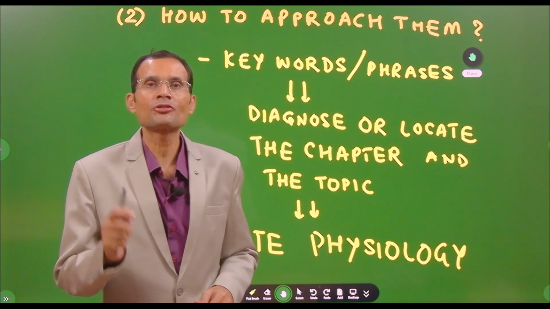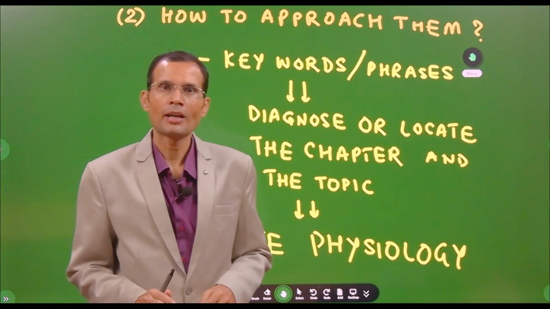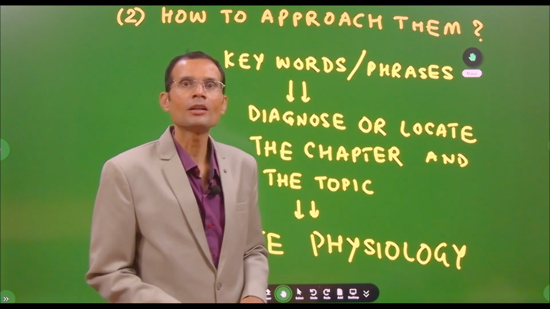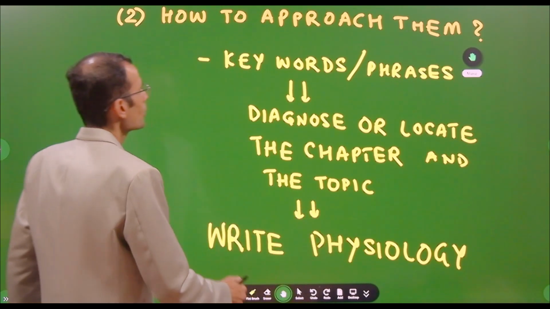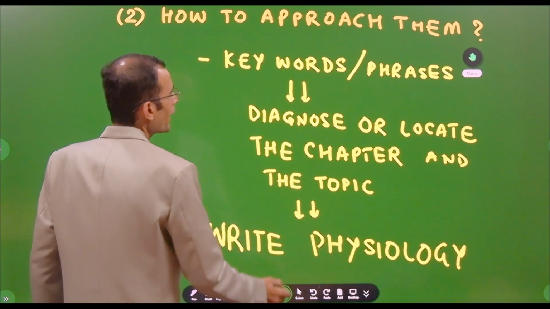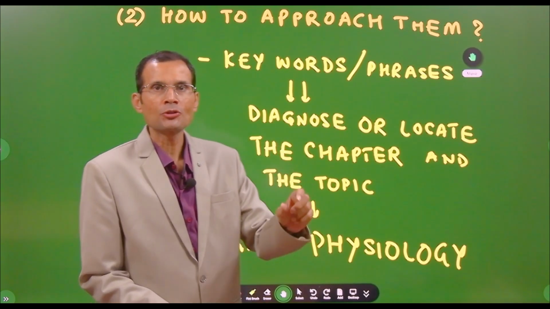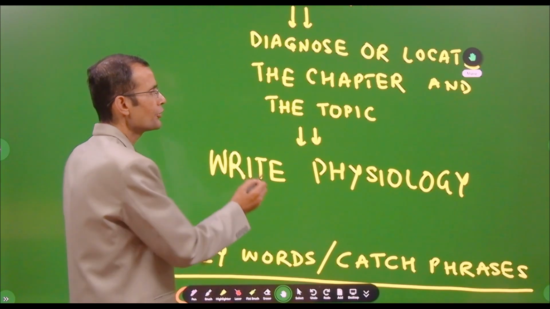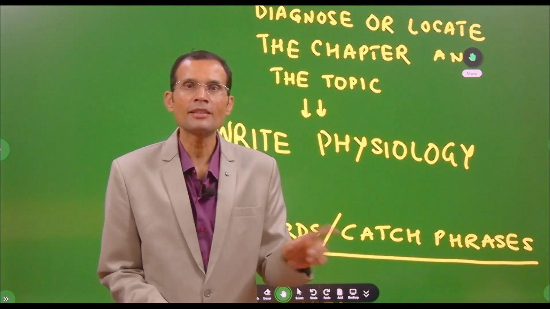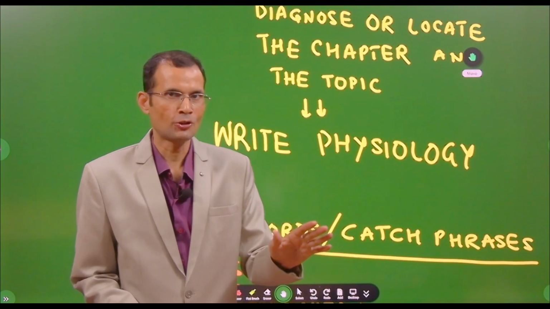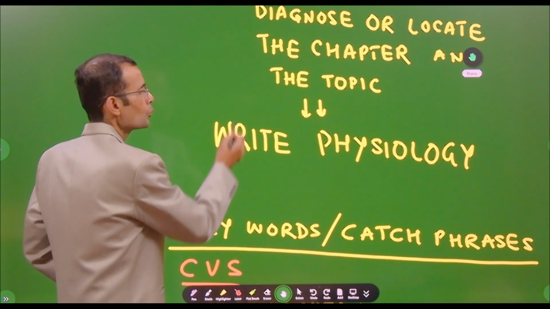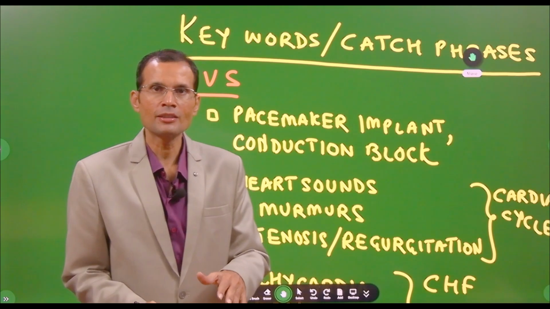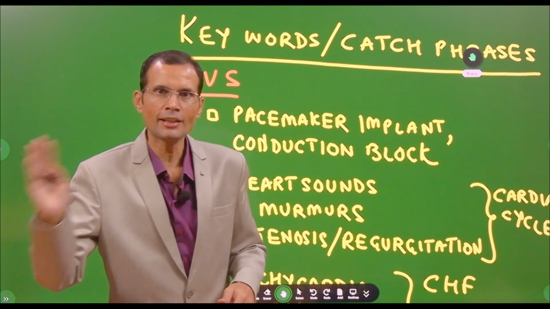So immediately it should strike you that this is cerebellum, and then you will have to write the physiology mostly for most part of the question. All right, so locate where you have actually read this phrase, and then write physiology, not medicine or pharmacology or pathology. All right, so with this in mind, let's see some of the catchphrases, and then we will actually see the cases in the end.